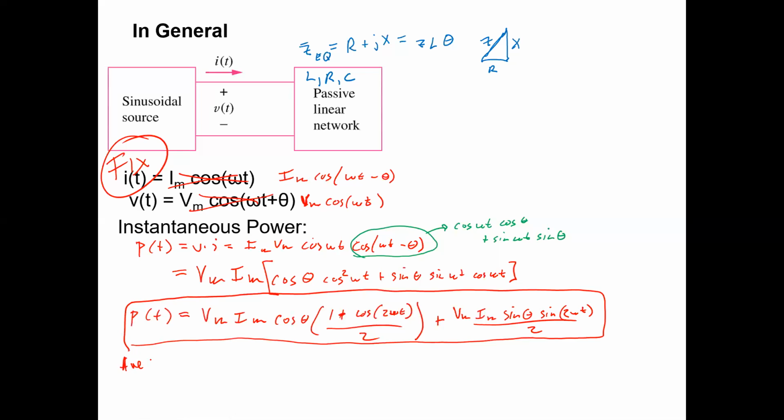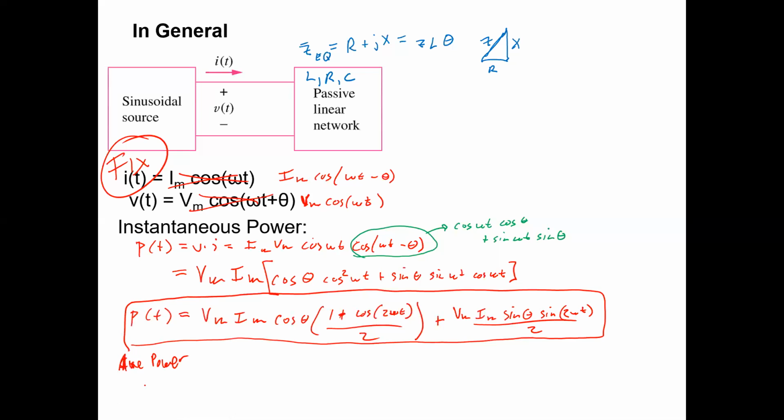The average power. So this is on any general AC circuit. You can see there's going to be an average power component there. The average of this right term, sine of 2 omega t, is going to be 0. But you're going to have an average component on the left term because you've got that 1/2 in there.